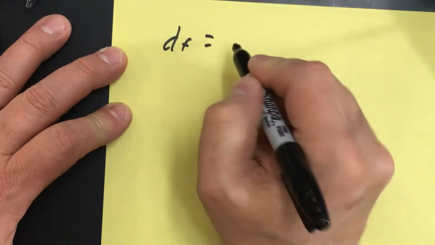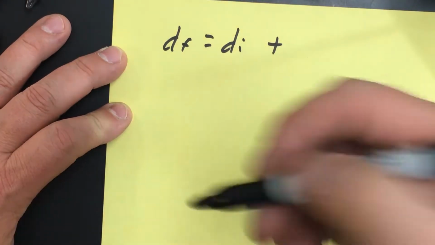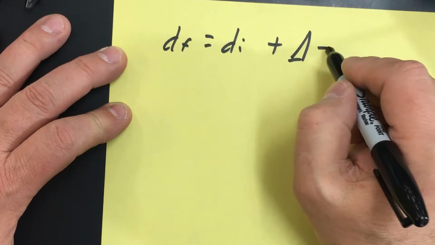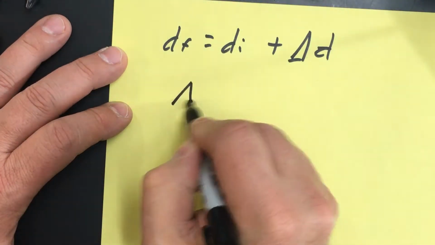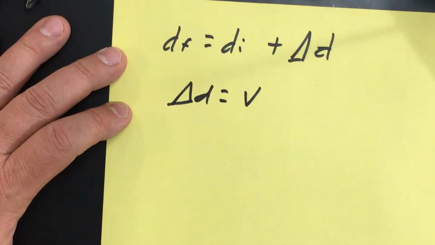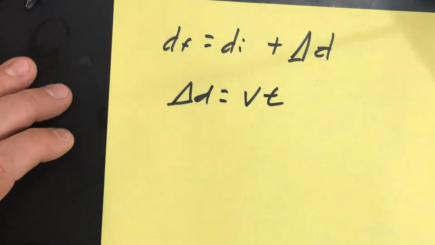And we came up with an equation ultimately that said that final distance is equal to the initial distance plus the change in distance, which we represented as delta D. And we went on and said that delta D is equivalent to the velocity, the rate at which something is changing, times the amount of time that it changes.